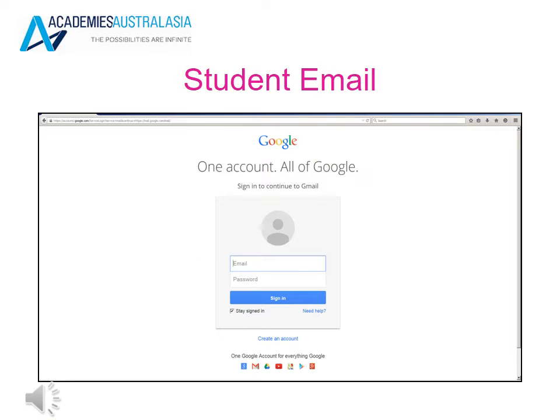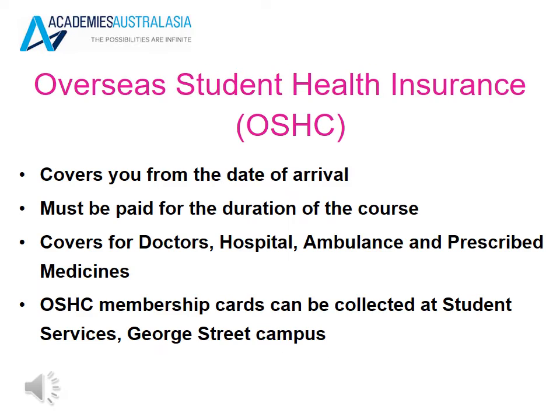This is the student email sign-in page where you will need an email and password to sign into your Google account and Google email address for the school. And please refer to your orientation email for more information on how to sign into your student email.